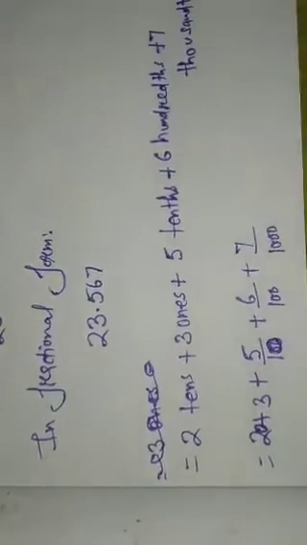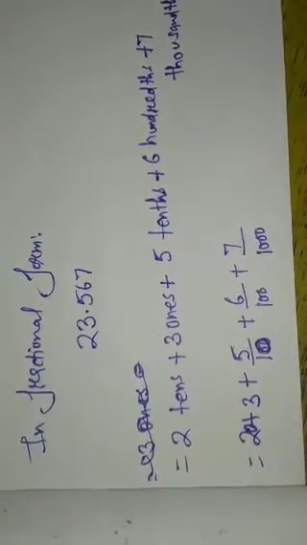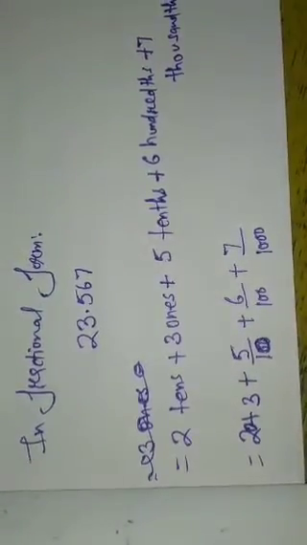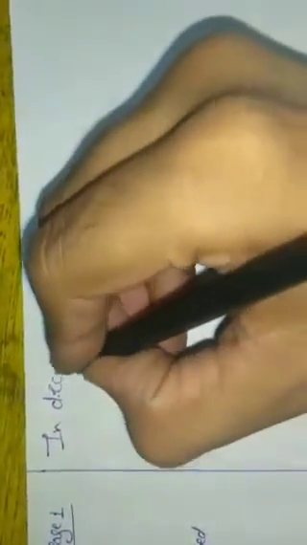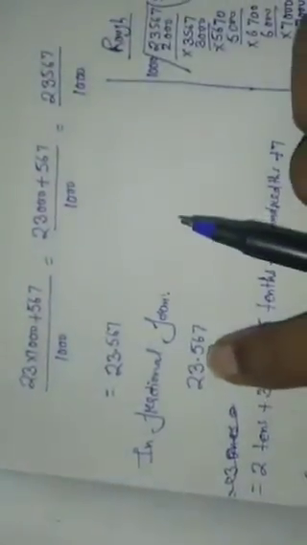In this question it has also been asked to convert it into the decimal expanded form. So look here also, in decimal expanded form, we can write it here. We have got the number 23.567.